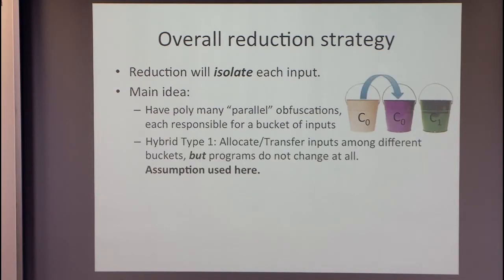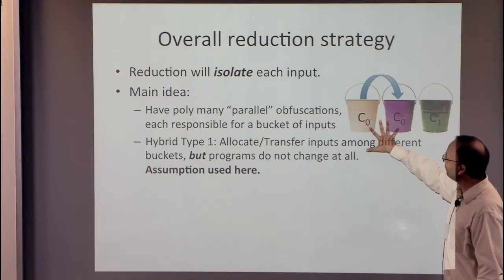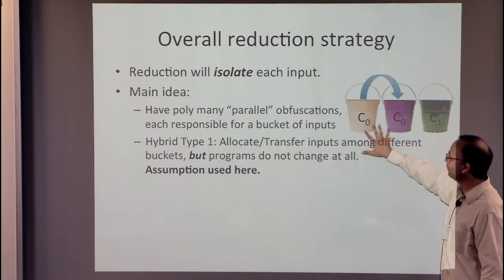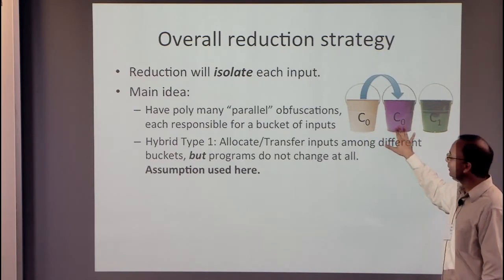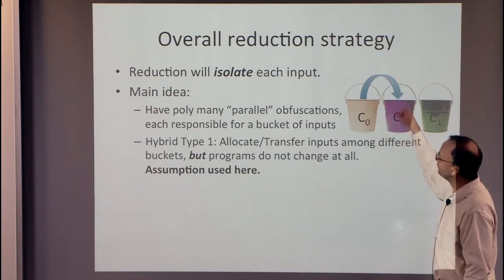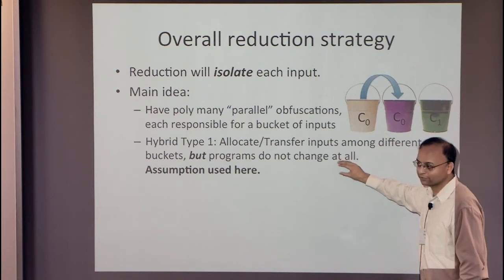Well, we'll have 2 types of hybrid steps. In hybrid type 1, all we're doing is reallocating inputs between 2 obfuscations of C0. So I have one bucket for C0, another bucket for the same program C0, and I'm just moving some inputs from here into this bucket. Okay? This is actually the place where we'll use our assumption.